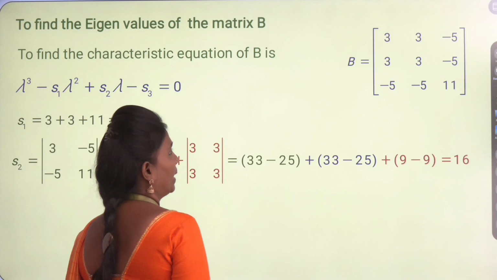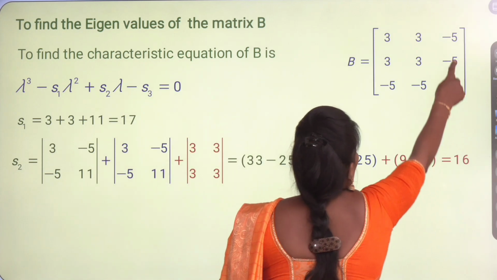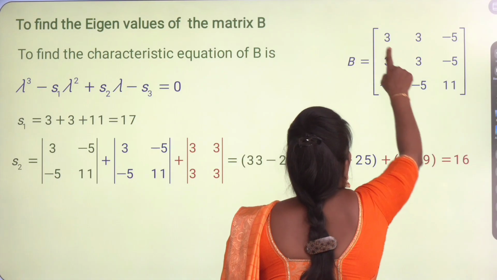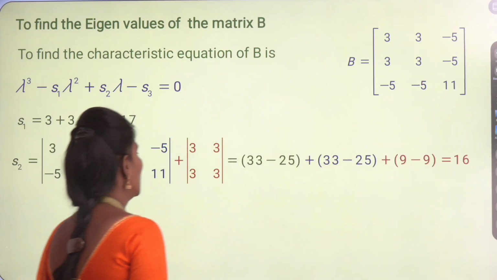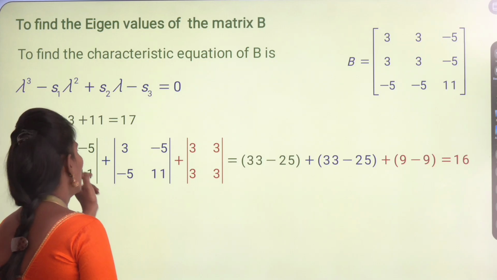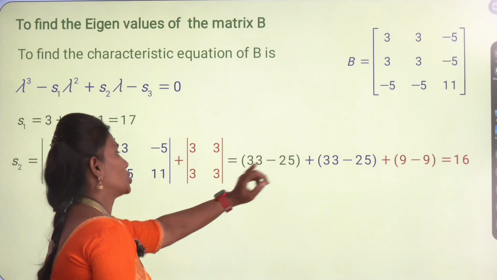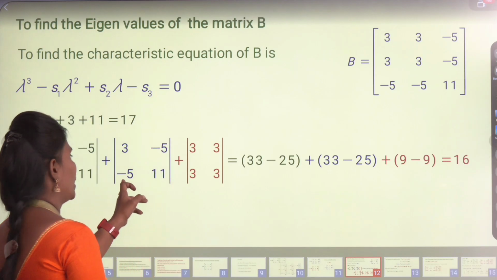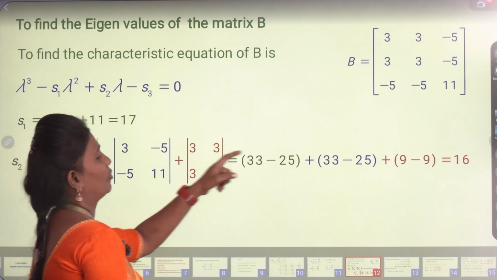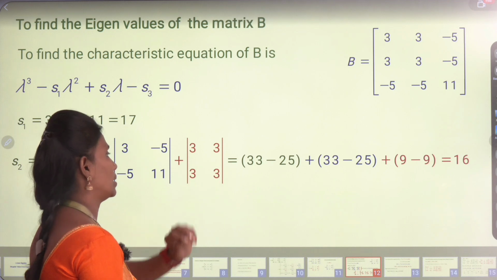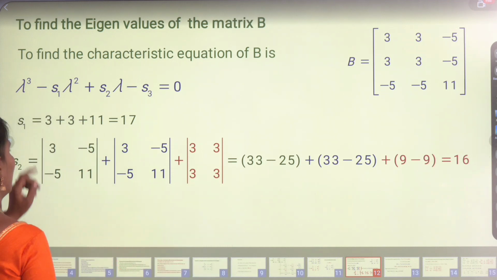For the third, hide the third row and third column: 3, 3, 3, 3. Solving: 3 into 11, 33, minus 25, gives 8. Then 3 into 11, 33, minus 5 into minus 5, 25, gives 8. Then 3 into 3, 9, minus 3 into 3, 9, gives 0. Solving, you get 16 as S2.